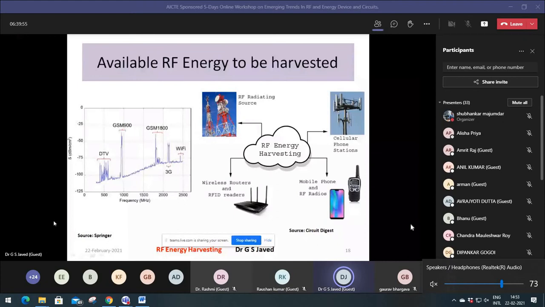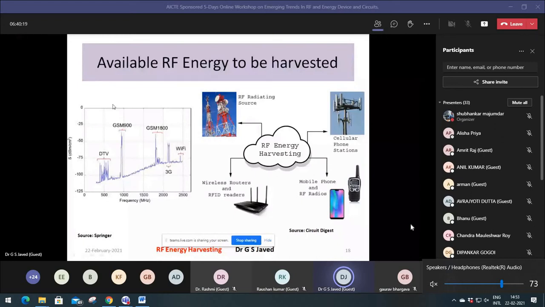The first one is around the 500 megahertz band, which is for digital TV broadcasting. Next one is the 800 to 900 GSM band. The other one is the 1800 to 1900 GSM band. Next comes the 2.1 to 2.2 3G system, and finally the 2.4 gigahertz Wi-Fi system.